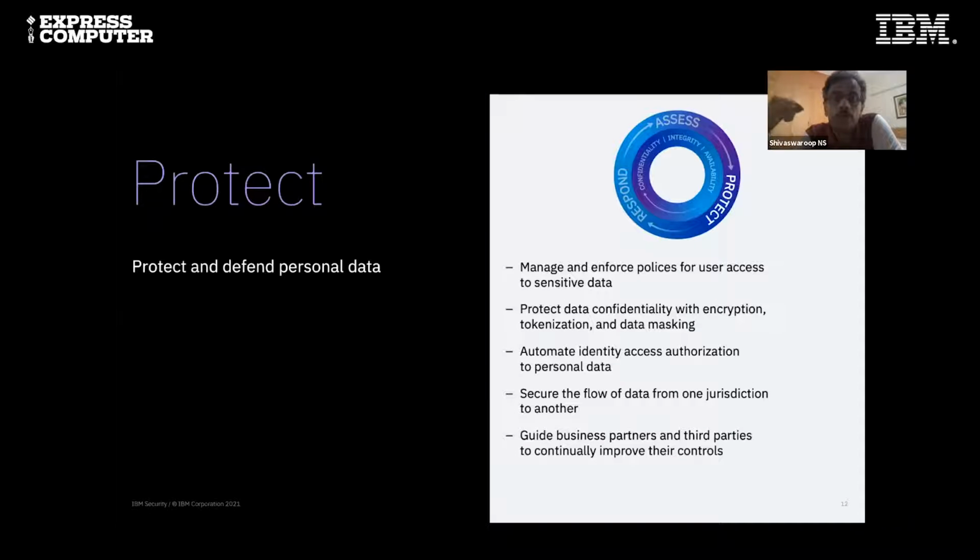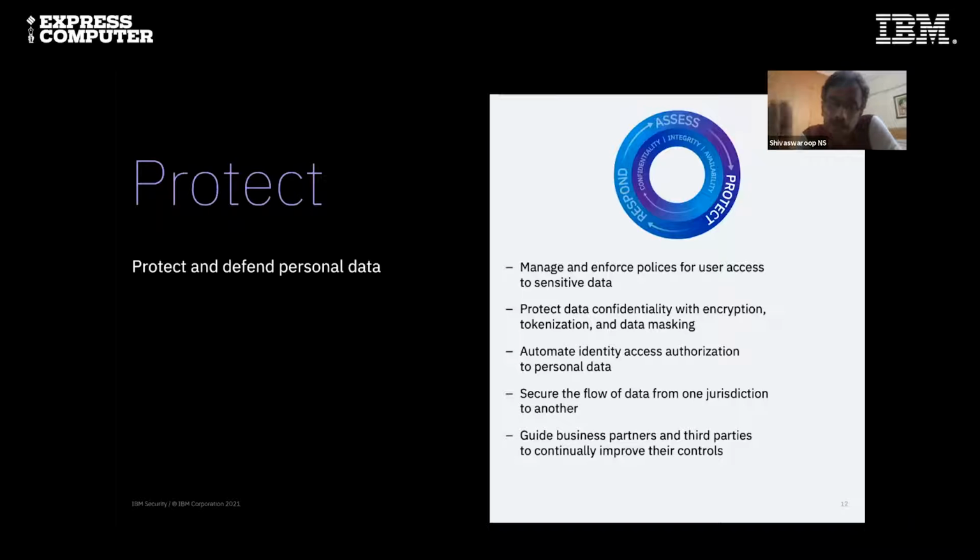When we talk of the protect pillar, as I said, it is all about implementation of controls to protect the data that I have. It could be as simple as enforcing policies for user access, it could be protecting data with encryption, tokenization, and masking, or it could be automating access authorization to personal data.